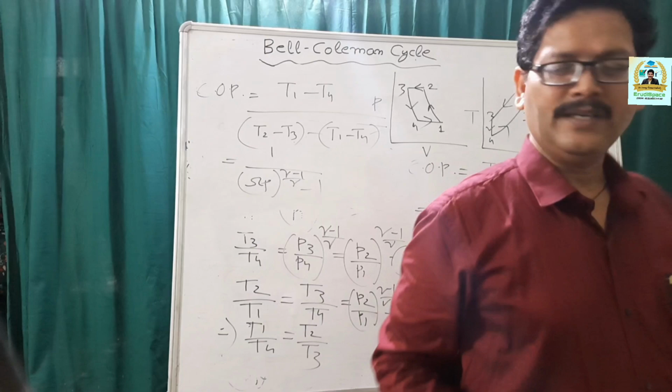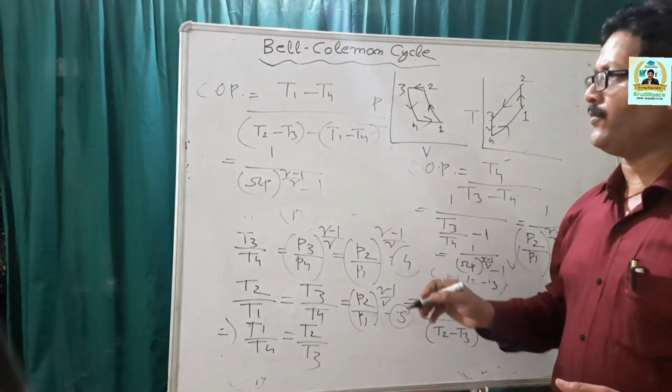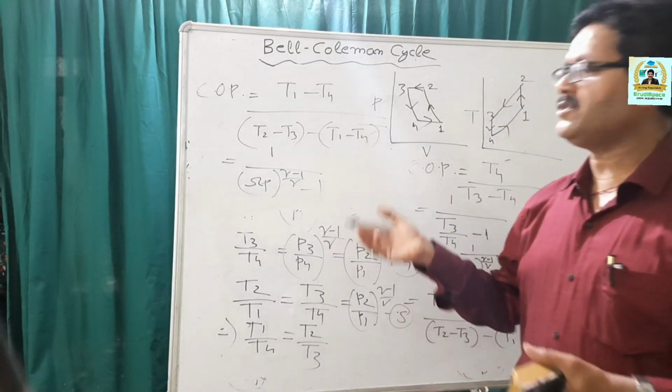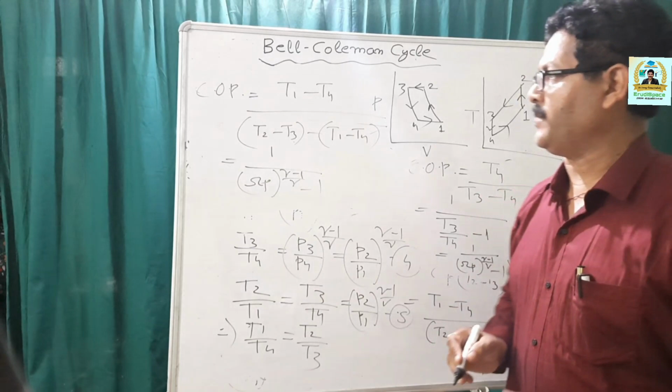So once you know the temperatures T1, T2, T3, T4, you can find out C.O.P. And once you know the pressure ratio also, you can find out the C.O.P.